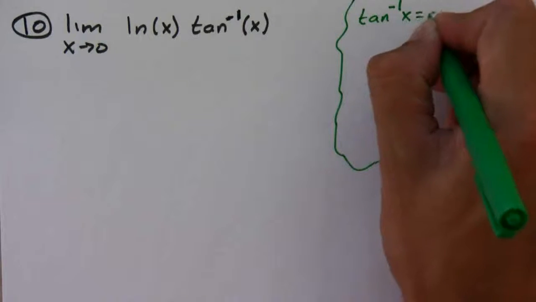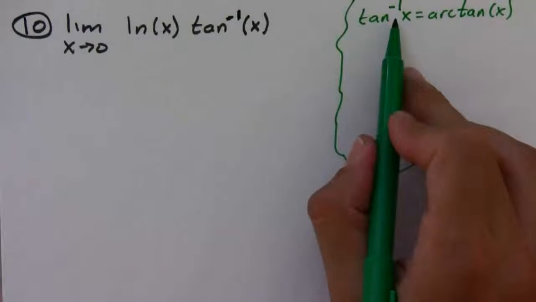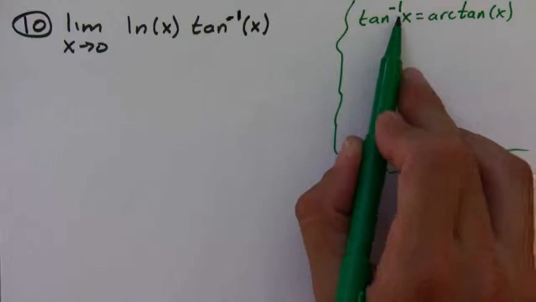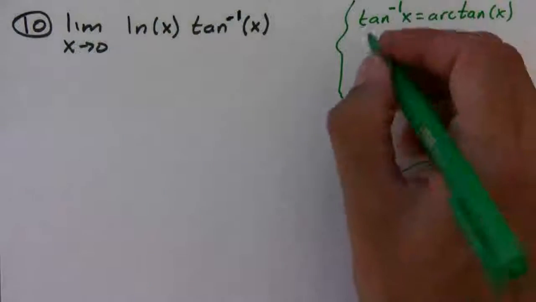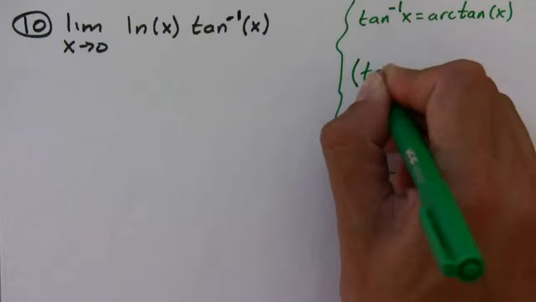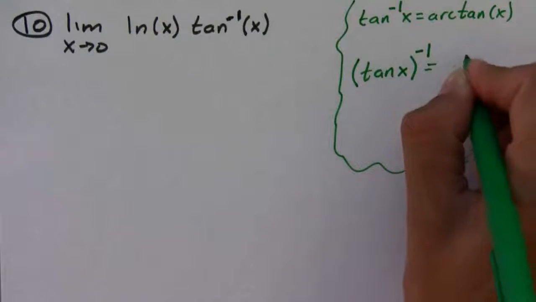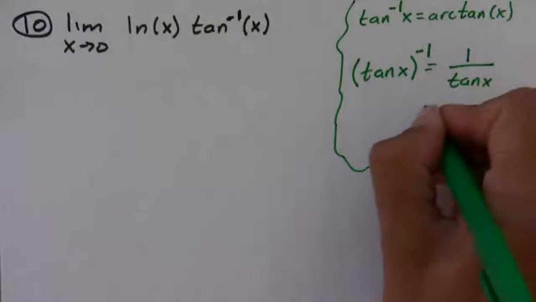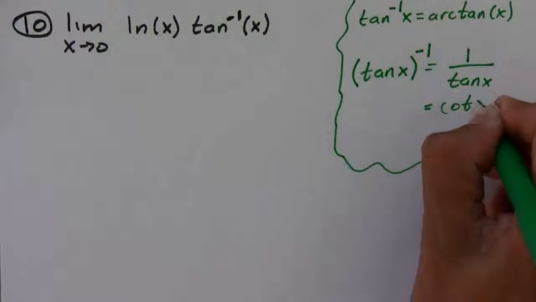because although that seems simple enough, remember that this is notation for the arctangent of x. This notation is the inverse tangent of x. This doesn't mean tangent to the negative 1 power. That would be this, and this is equal to 1 over tangent of x, which in turn is equal to cotangent of x.